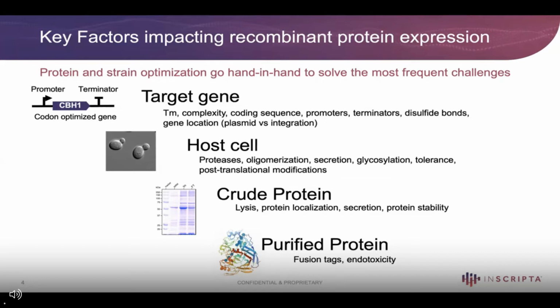What does the structure look like? Are there any modifications that you might want to build into it? Should I be integrating this into the genome, or should I be producing it off of plasmids? These are the type of thought processes that go into the specific target gene of interest that you're looking at.